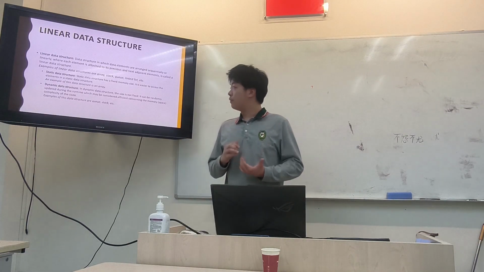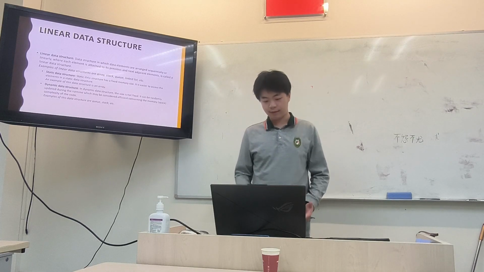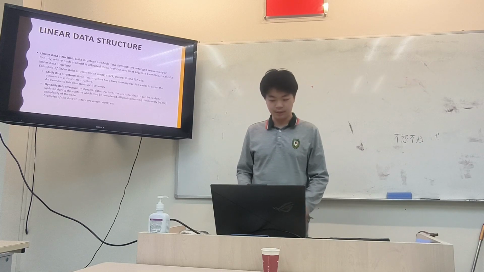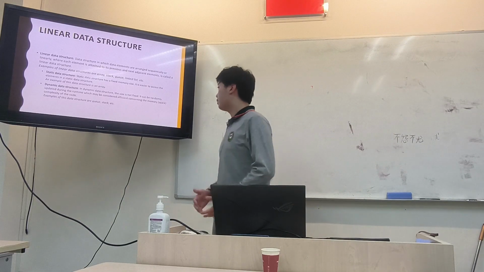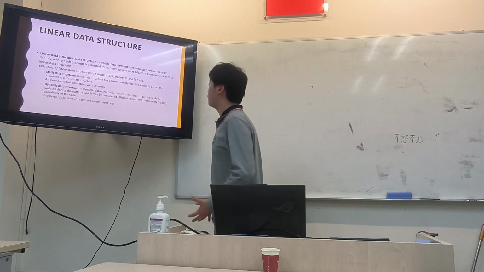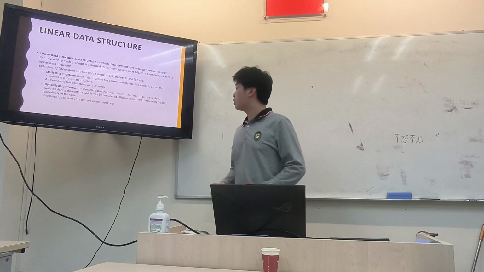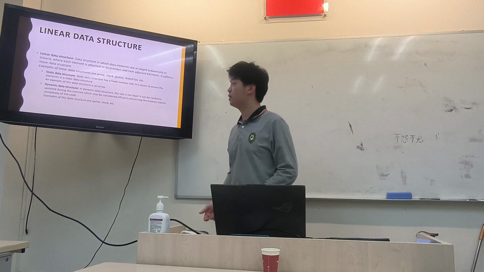So static data structures have a fixed memory size. It is easier to access the elements in a static data structure. An example of this is an array, because when you declare an array, you must first assign a fixed memory size to it.